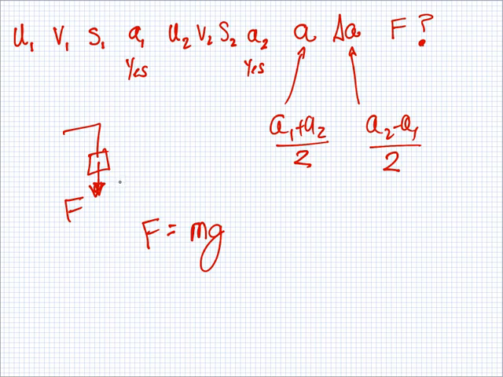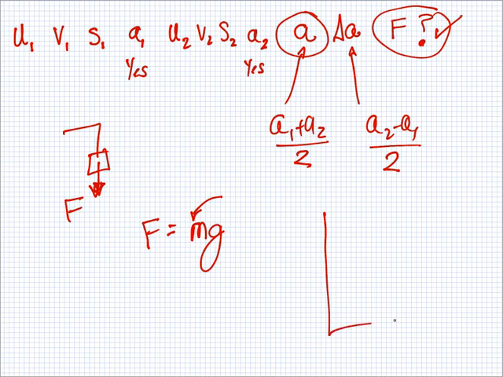Now, when you calculate the F here, you know the m because the m is on this. And you know what the g is, it's 9.81. So you can know what the F is, so that's no problem. So we know this, and now we know this. So we can make our graph. This will be F, this will be A, and then this slope here will be 1 over the total mass.